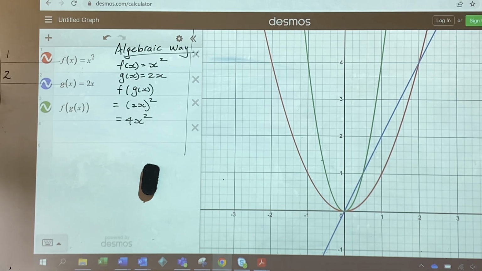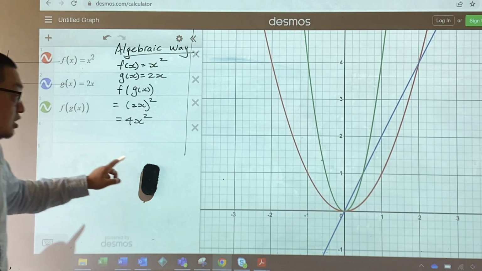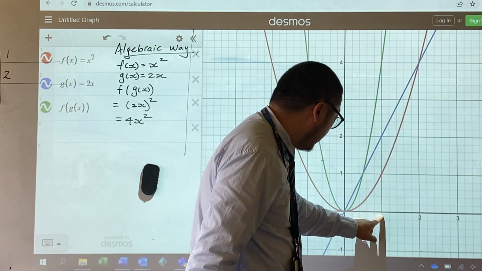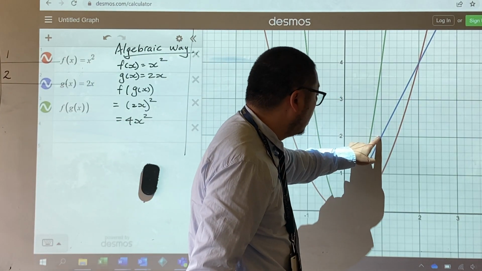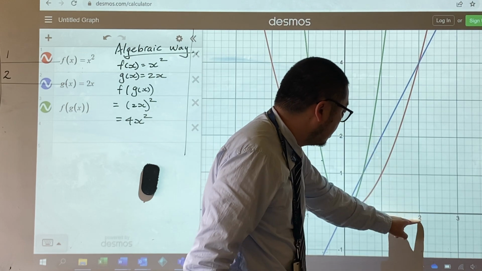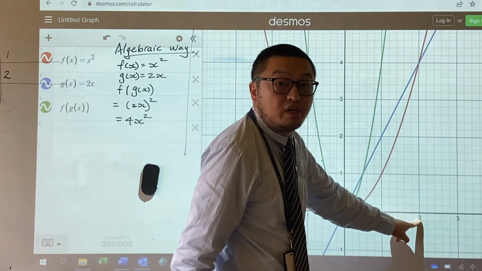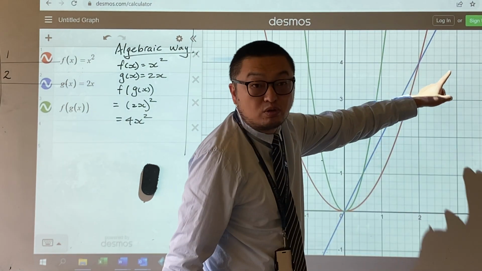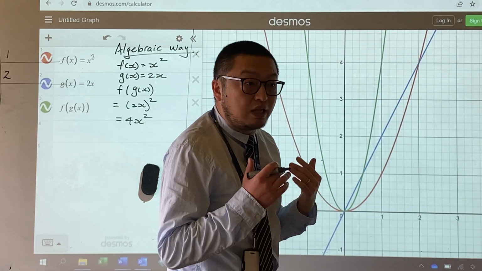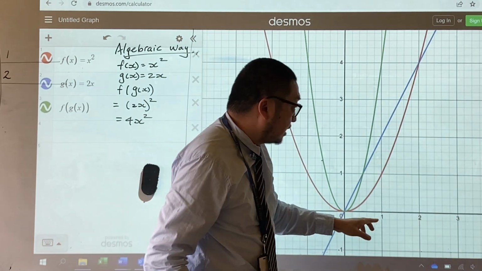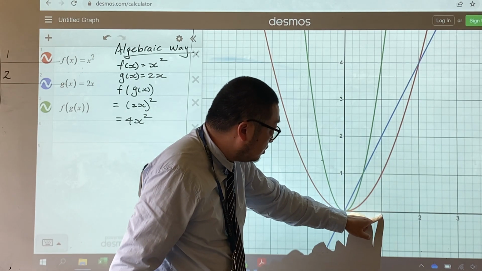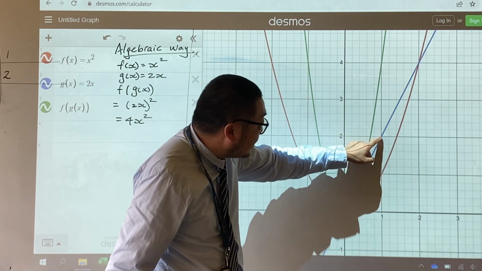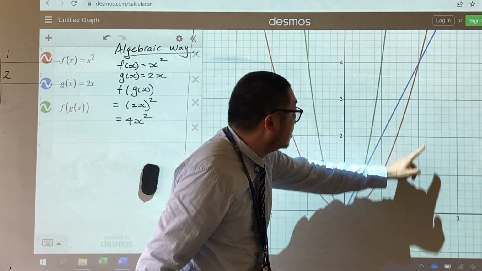So when g(x) is 2, I'm going to figure out the composite function. When x is 1, g(x) is 2. Now when g(x) is 2, what's f of g(x)? 4. Very good. So that confirms the idea: the input gives an output, and that output becomes the input, giving an output again.